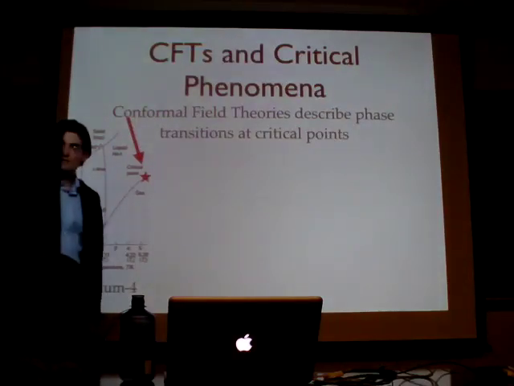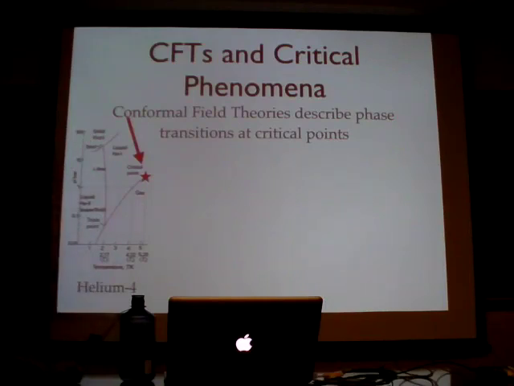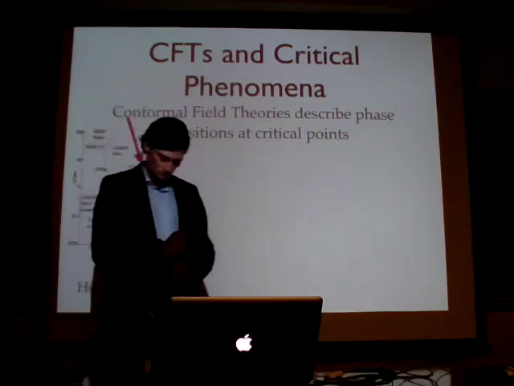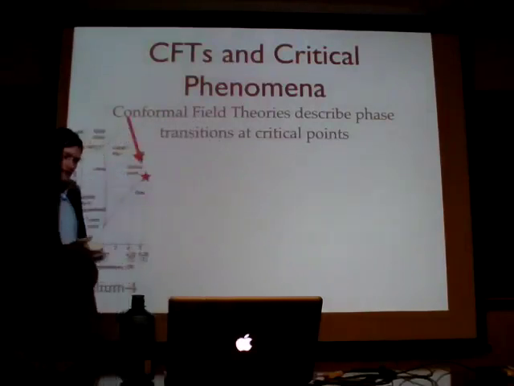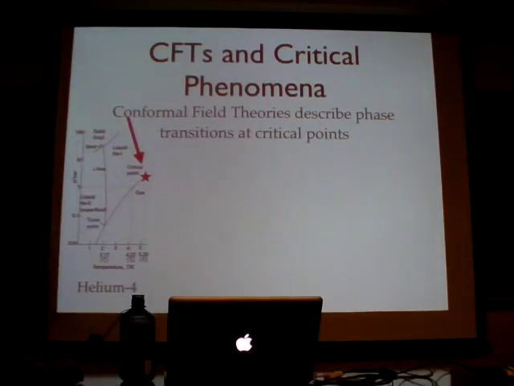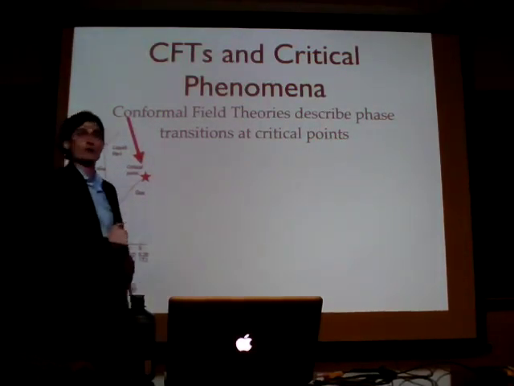These are places where the correlation length of the theory diverges, and there's no longer any intrinsic length scale in the theory. These are much harder to study by traditional means. The infinite correlation length means essentially an infinite number of degrees of freedom are all correlated with each other. Fortunately, the conformal invariance of these theories gives us a powerful tool to study them.